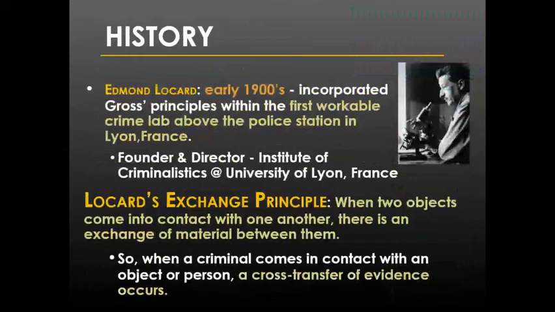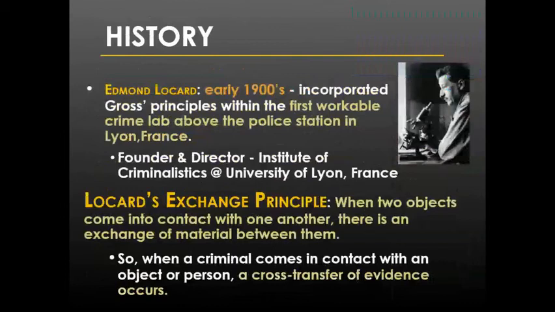Locard also became very well known for his exchange principle, which says that when two objects come into contact with one another, there is an exchange of material between them. So basically, if a criminal comes into contact with an object or a person, there's a cross transfer of evidence.